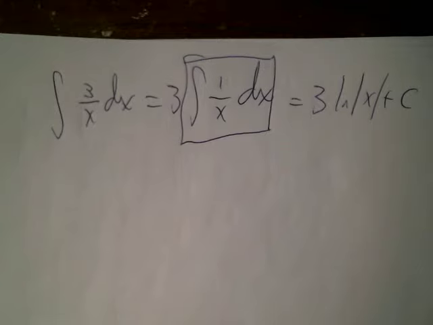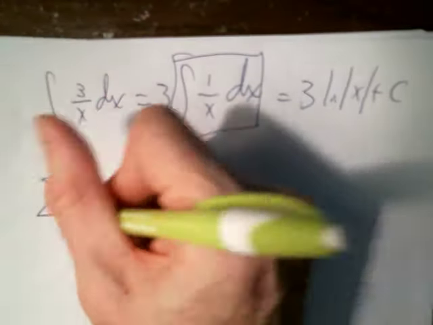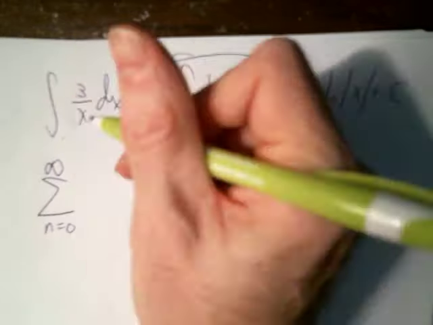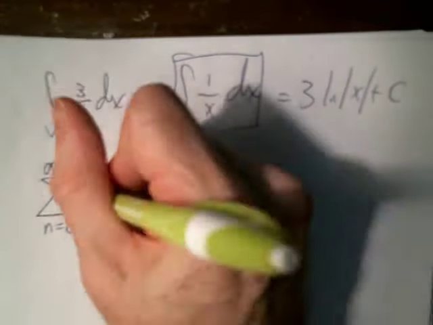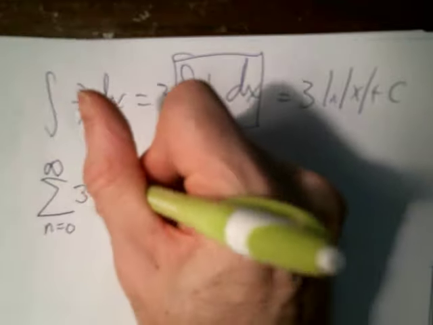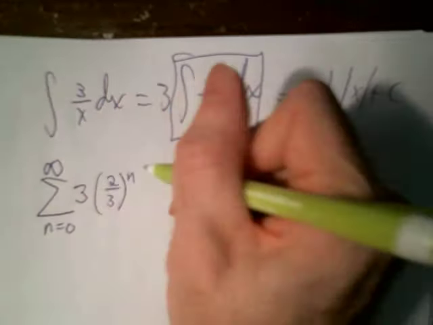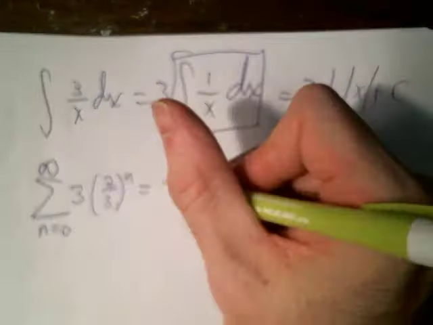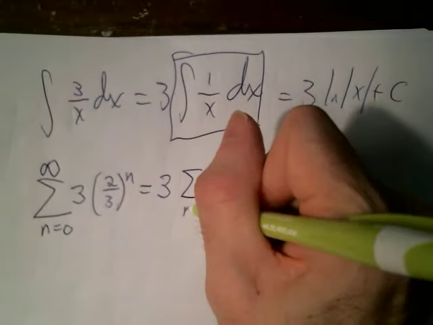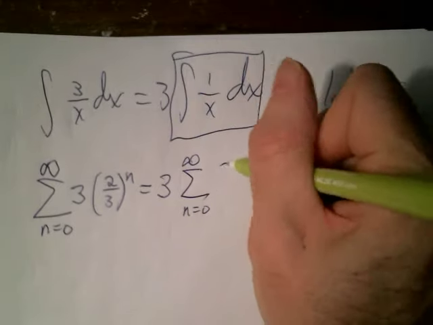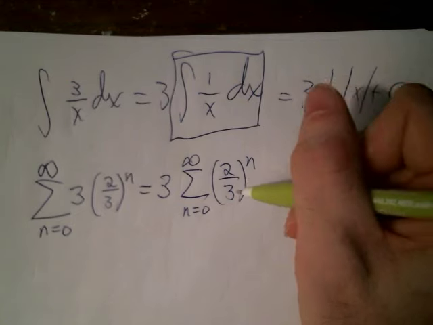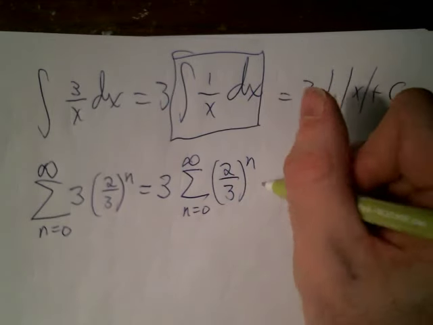Now in terms of series, if you have the sum from n equals 0 to infinity of, let's say, 3 times 2/3 to the n, you know that this is just 3 times the sum from n equals 0 to infinity of the convergent geometric series with a equals 1 and r equals 2/3.